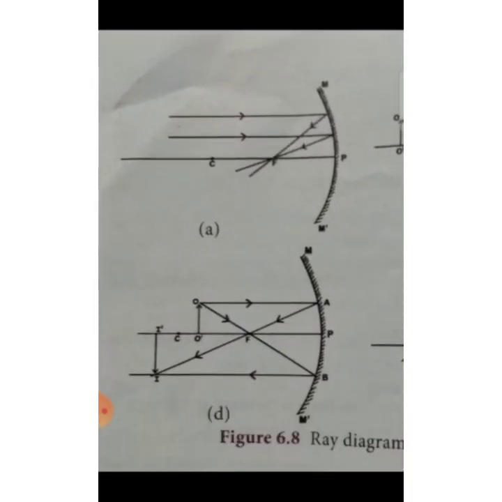So you can see M M dash is the concave mirror. Then you can see the principal axis, which is perpendicular to the concave mirror.